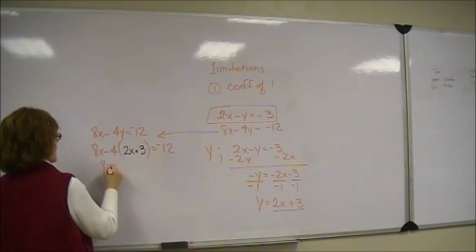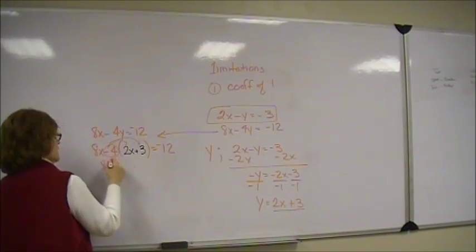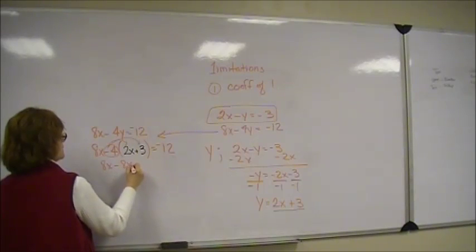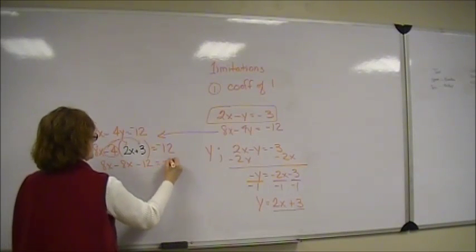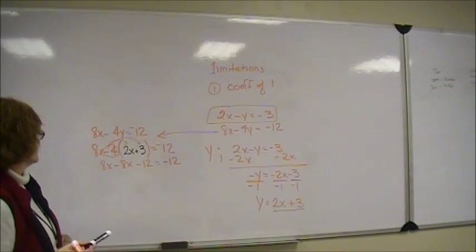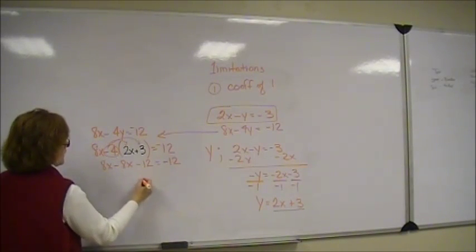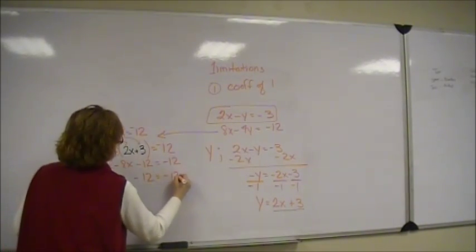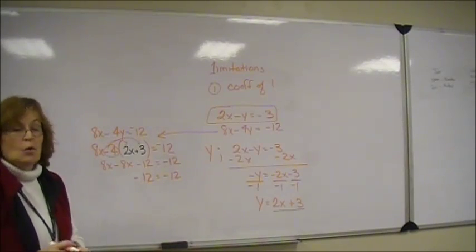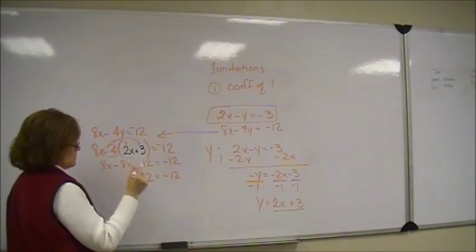So I have 8x, and I'm going to distribute my negative 4, which gives me negative 8x, negative 12 is equal to negative 12. I'm going to solve this. That gives me 0, and negative 12 is equal to negative 12. Well, terrible problem, Mrs. Manisi, but it opens up discussion.